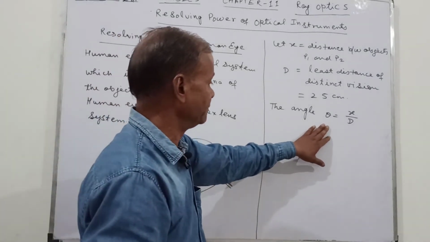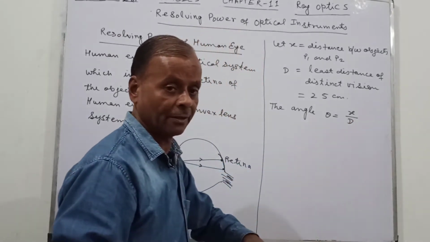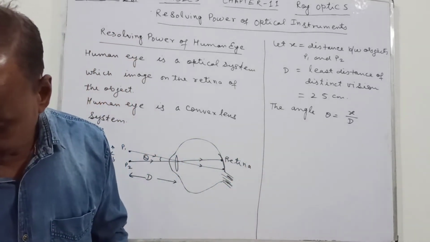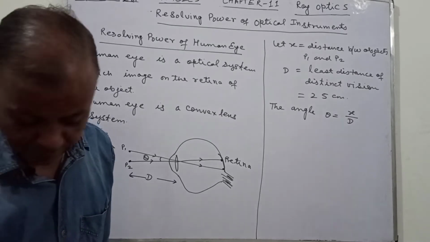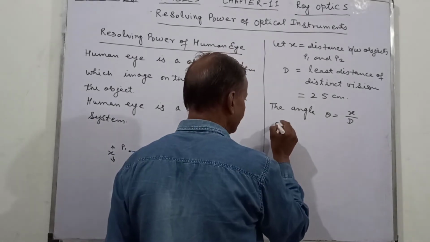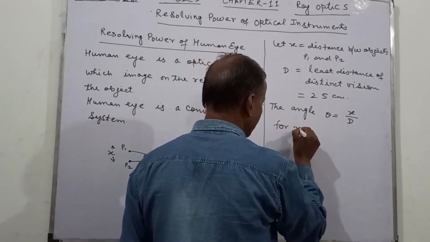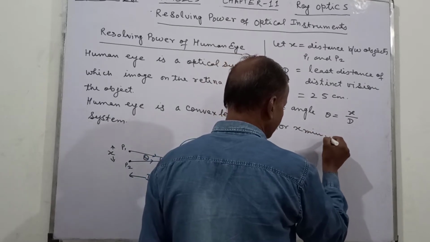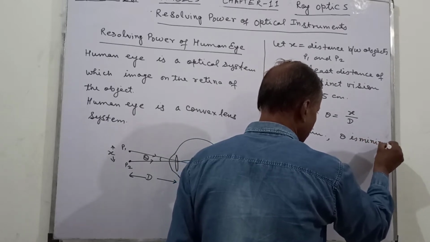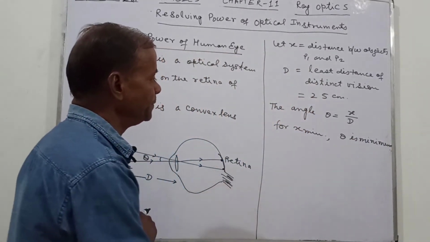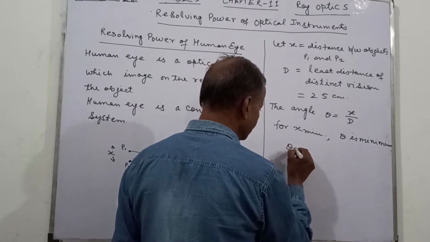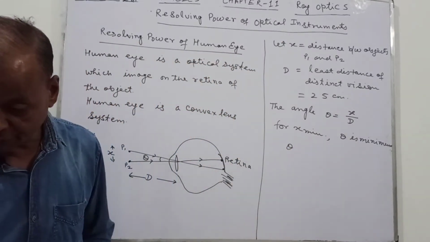So you can see that if x is minimum, then theta is also minimum. For x minimum, theta is minimum. So theta minimum will give you the resolving limit.